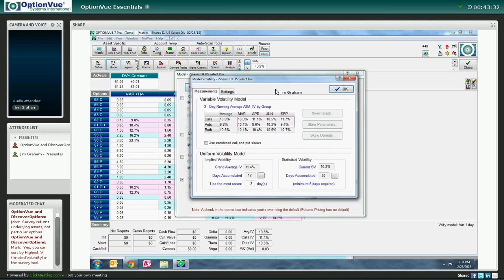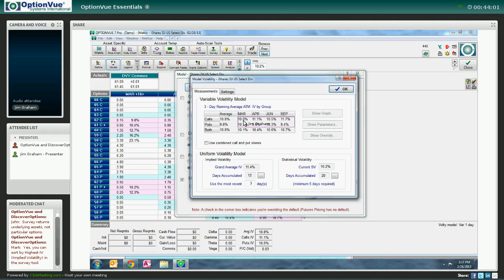The first tab, Measurements, this whole upper section is about the variable volatility model. So the top half is all on that. It shows the breakdown in a grid of the calls, puts and both, and what the average is overall for all months, and then individually for March, April, June, September, which are the 4 months I have in the matrix.